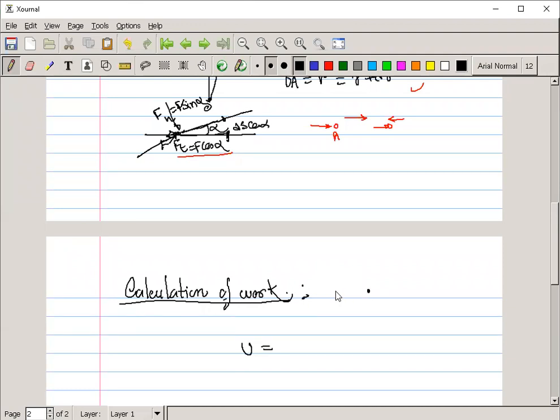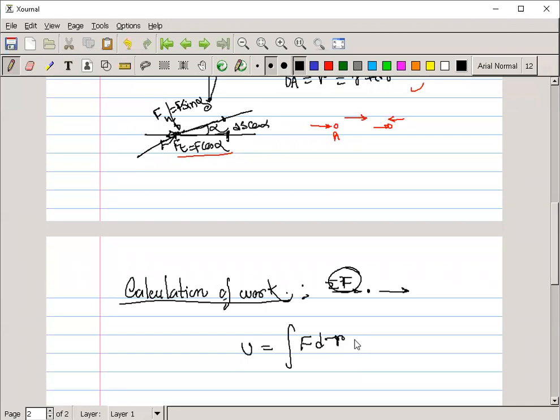If a particle is there and due to the summation of all forces it moves along the direction, then the work done by this force is nothing but, in the form of integration, U = ∫F·dr.